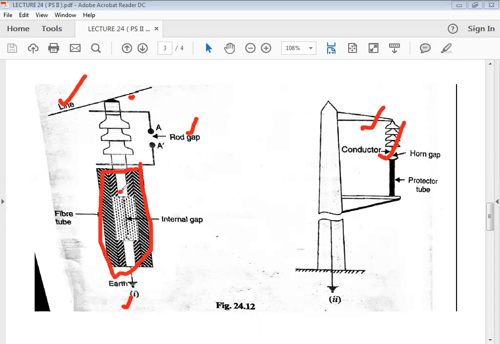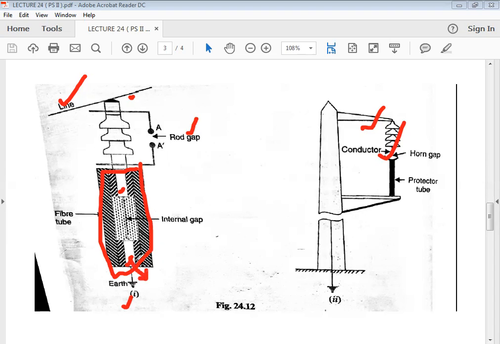There are two electrodes separated by an internal gap, enclosed in a fiber tube. When a fault occurs, the arc gets struck between the two electrodes, and from the bottom electrode the gases get discharged out.